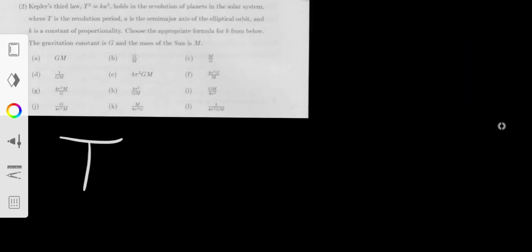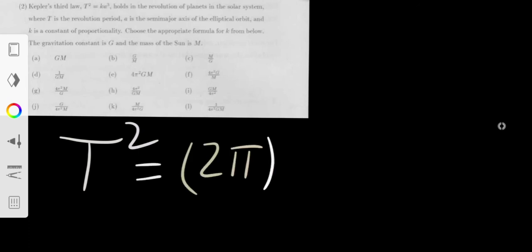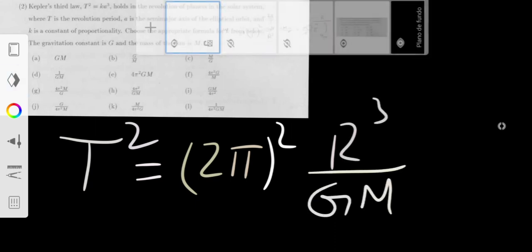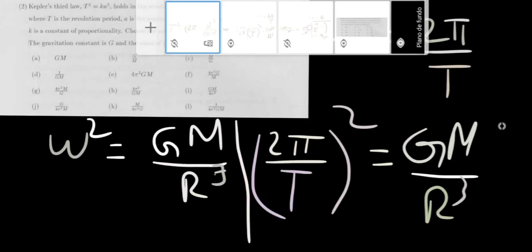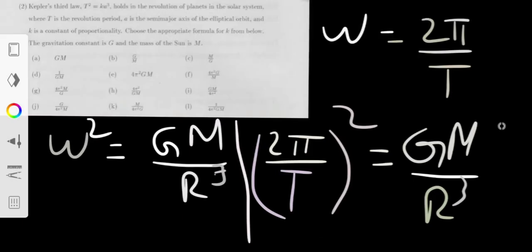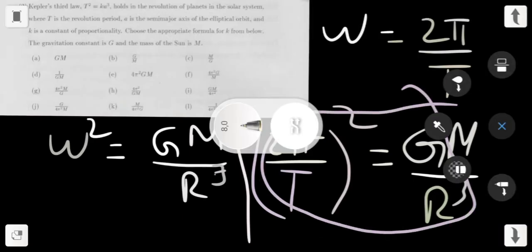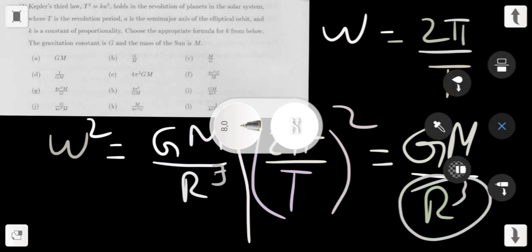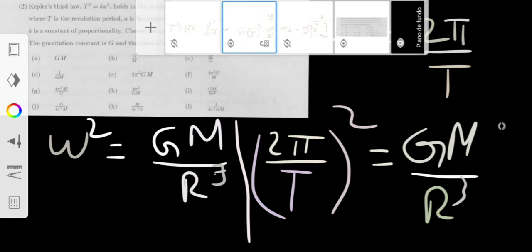So the period squared is equal to 2 pi squared multiplied by r cubed divided by GM. I just took this part over here, I sent this part to the other side, and this part here. Okay, so let's end it.